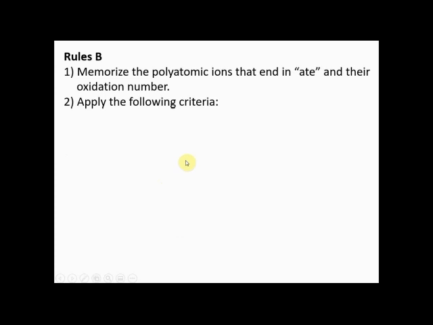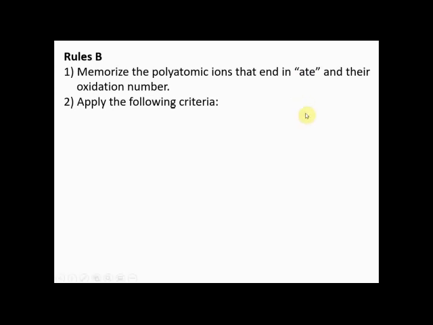Now, the polyatomic ions you'll have on your periodic table a fairly extensive table, it's not exhaustive, but it's fairly extensive. And the best idea would be to memorize those that have the -ate suffix, because you can figure out the -ite and hypo-ite and per-ate with the following pattern.